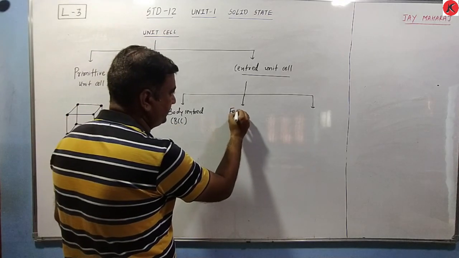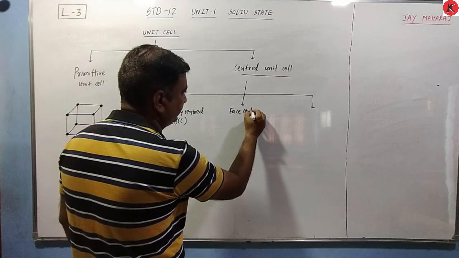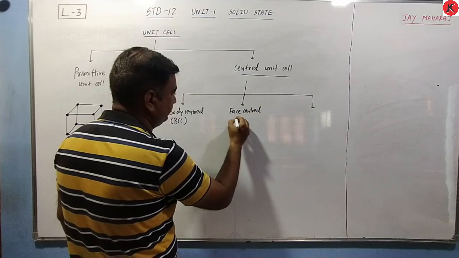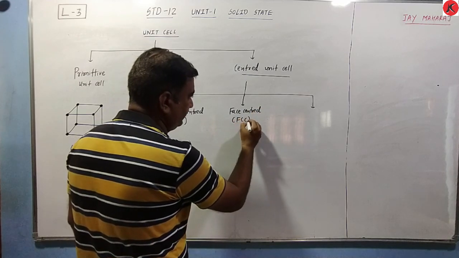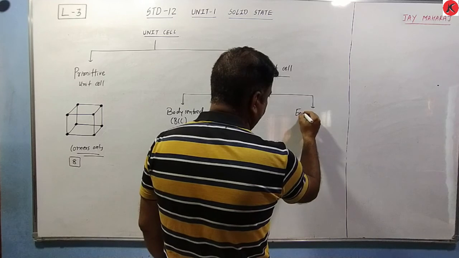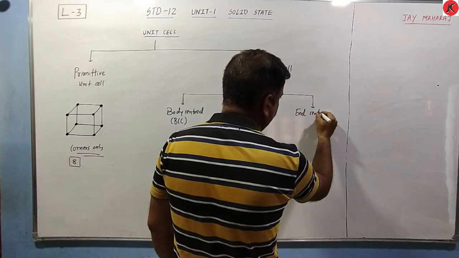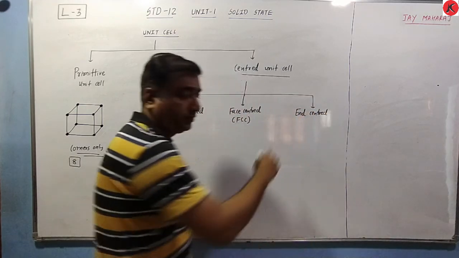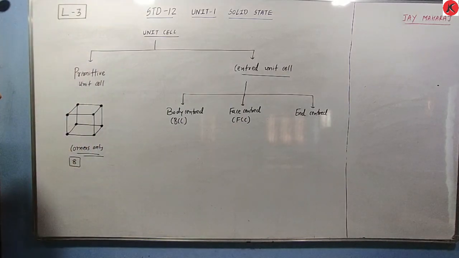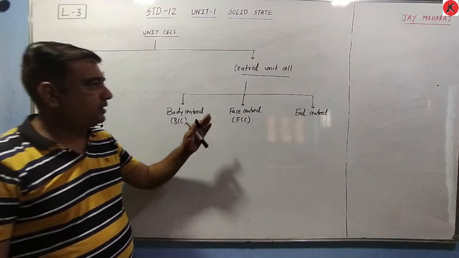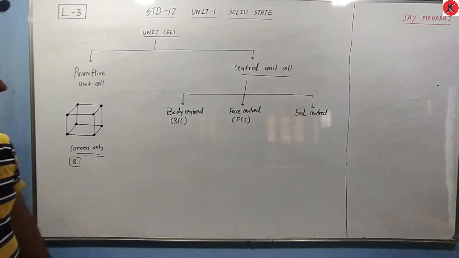Then face centered unit cell, otherwise FCC, and end centered unit cell, which has no short name. The body centered unit cell, face centered unit cell, and end centered unit cell.